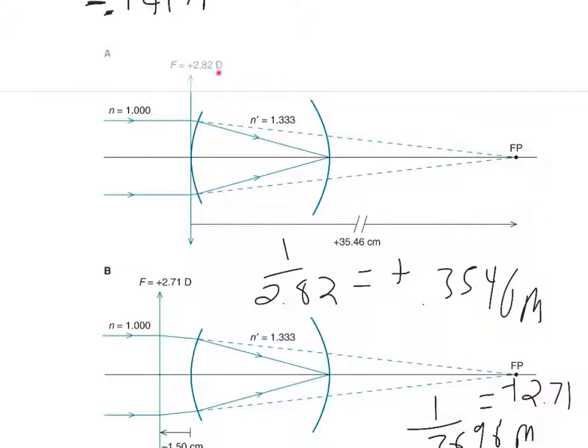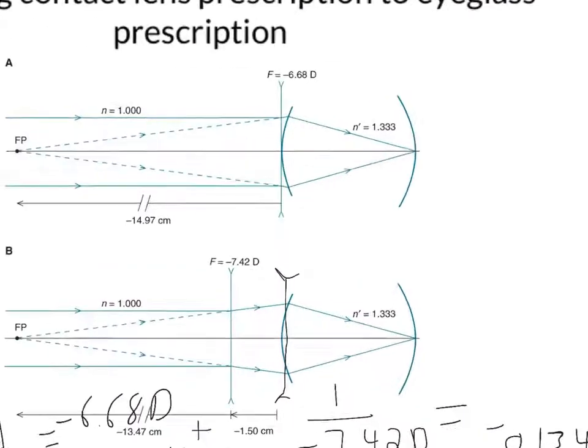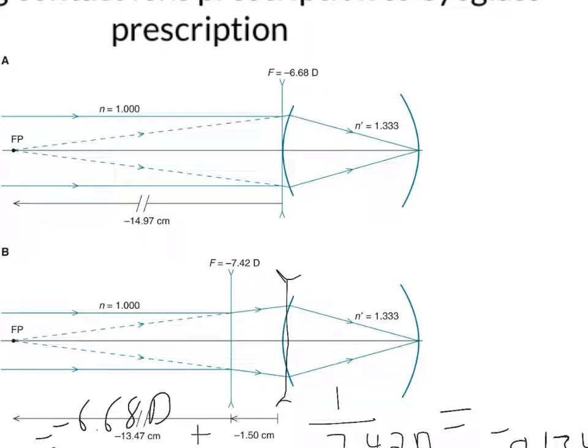So if this number is less than 4, the contact lens prescription is clinically the same as the eyeglass prescription. For the first example I did, the contact lens prescription is more than minus 4. Because of that, the eyeglass prescription is much different from the contact lens prescription, so it's clinically significant.